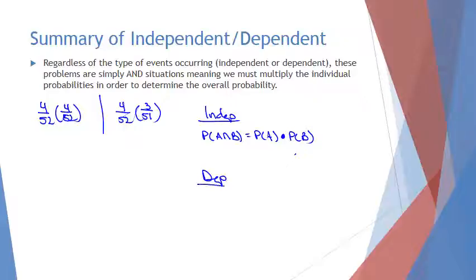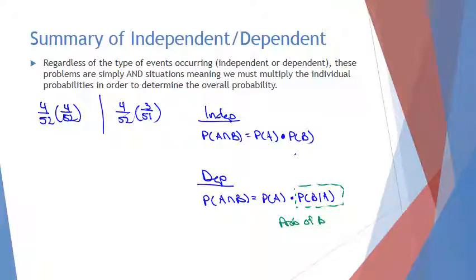For dependent, like I said, it's going to be something very similar. The probability of A and B both occurring is the probability of A multiplied by the probability of B given A has occurred. So that's what this means. It's the probability of B given A has happened.